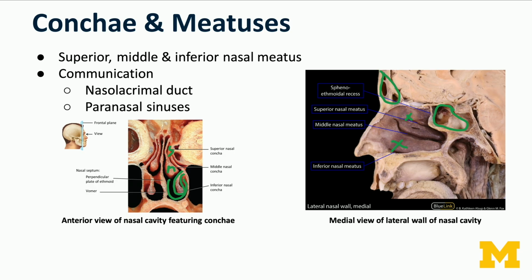There's also a communication between the outer portion of your eye and the inferior nasal meatus, and that's courtesy of the nasolacrimal duct. So the nasolacrimal duct runs from the medial canthus, the medial side of your eye, down into the inferior nasal meatus.